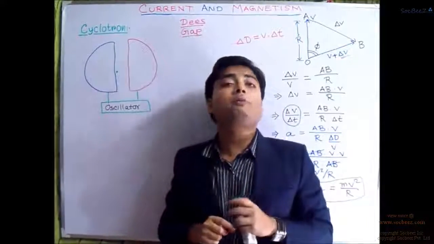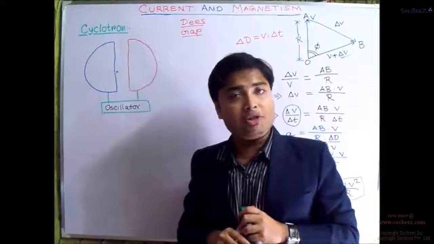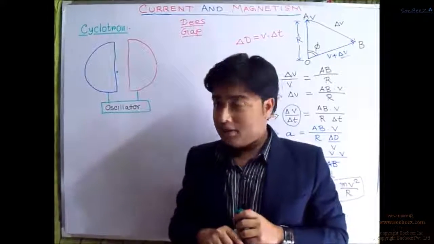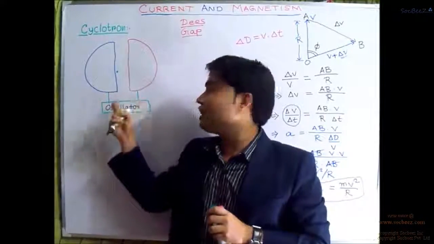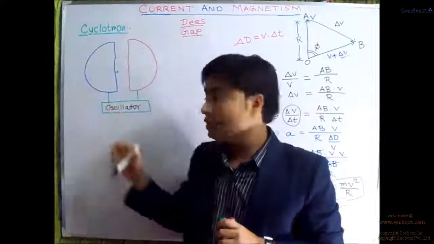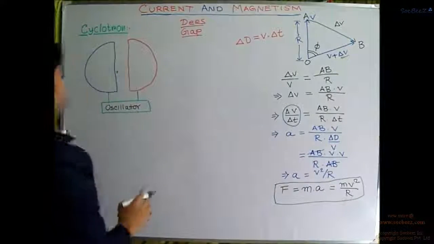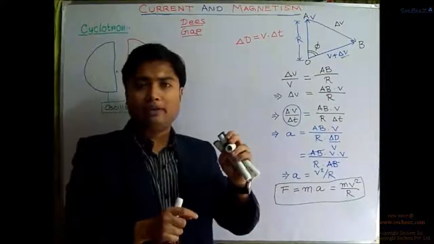Now how could it be possible? It could be possible by the application of the electrostatic field, but with the help of the oscillator, we are able to change it. So this D is actually like this hollow thing.